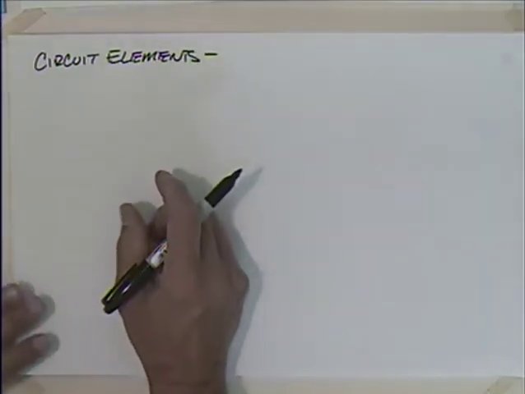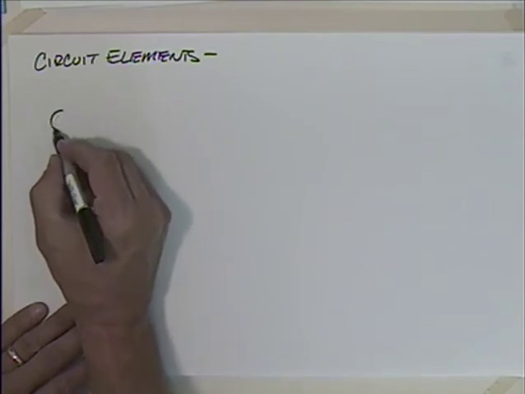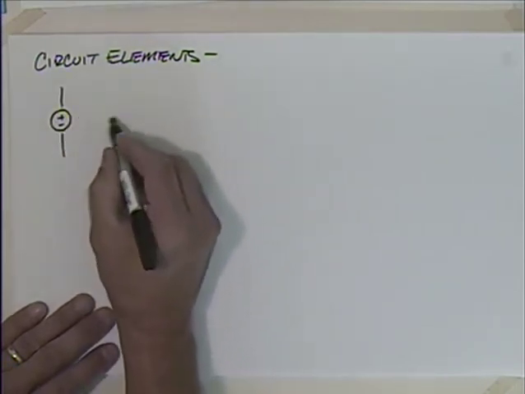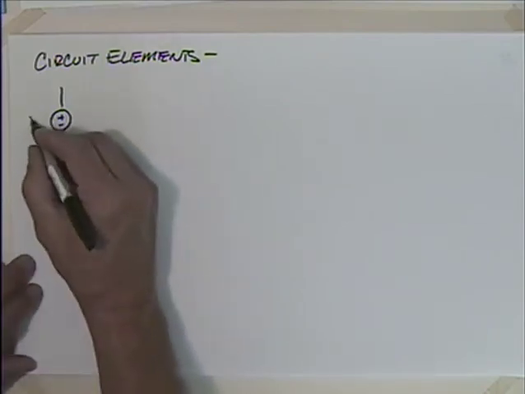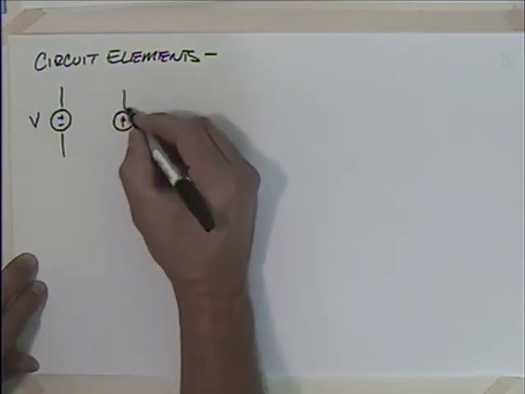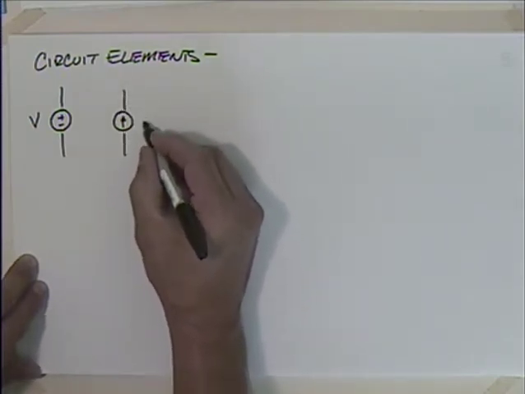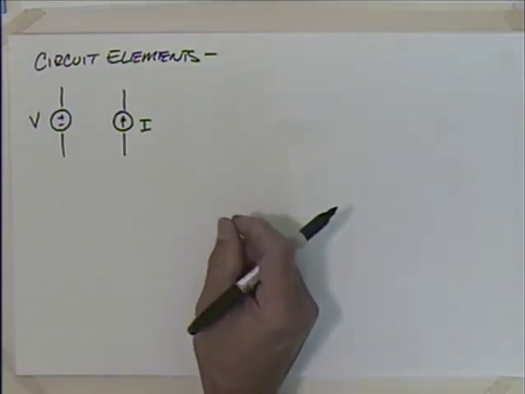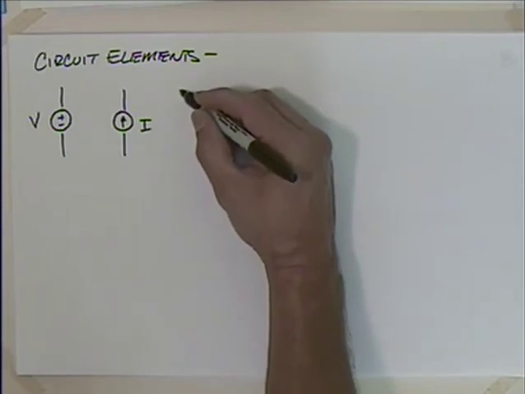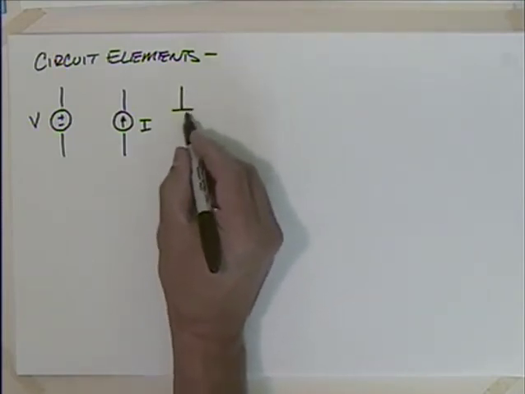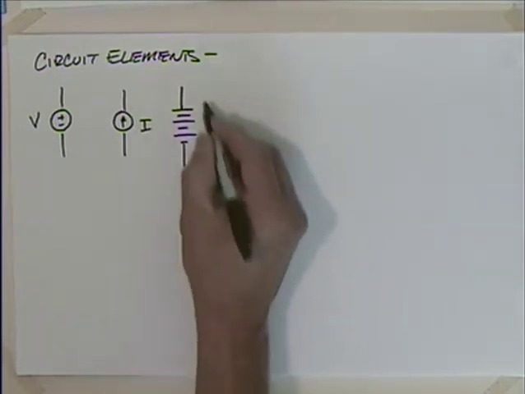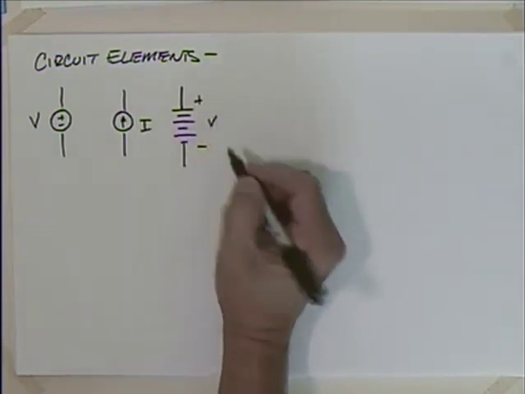The circuit elements that I want to start out with: I'm going to have some voltage here, maybe something like this, where I'd have some current here. I'll draw something like this. We'd have some voltage here.